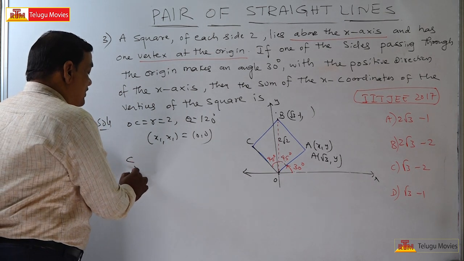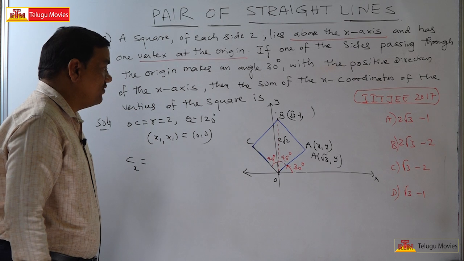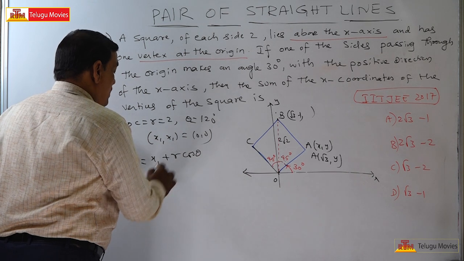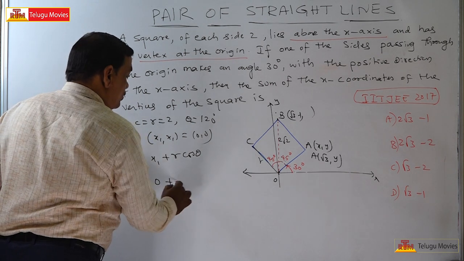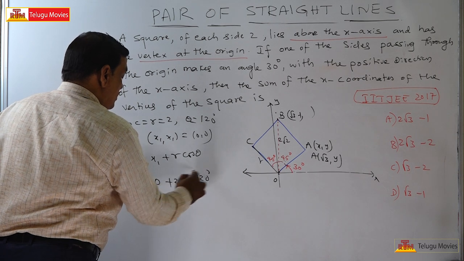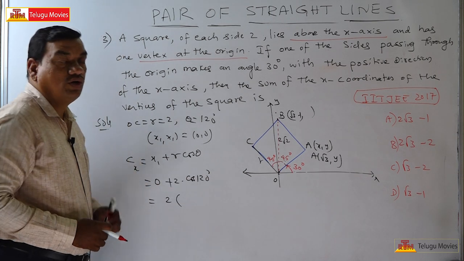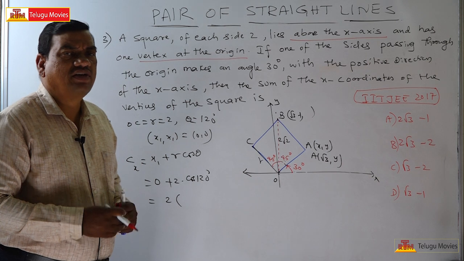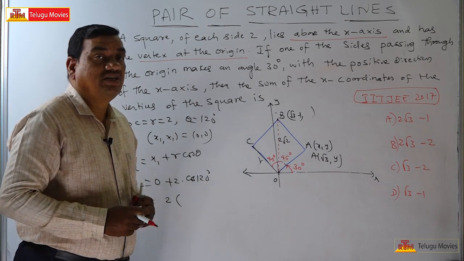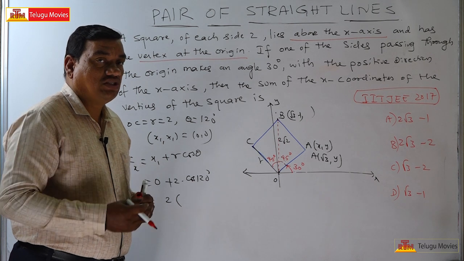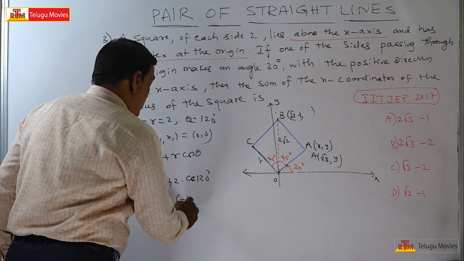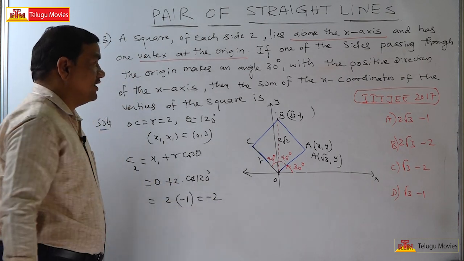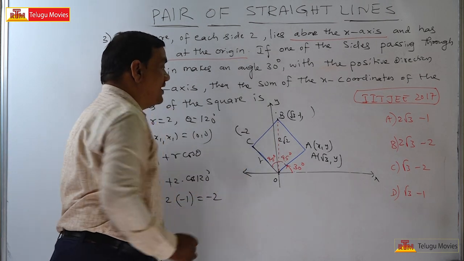I am finding only the x coordinate, which is x1 plus r cos theta. x1 is 0, r value is 2, cos 120 degrees. Cos 120 means 90 plus 30, or otherwise cos of 180 minus 60, which is minus cos 60, that is minus 1 by 2. So, on the whole you get minus 1.